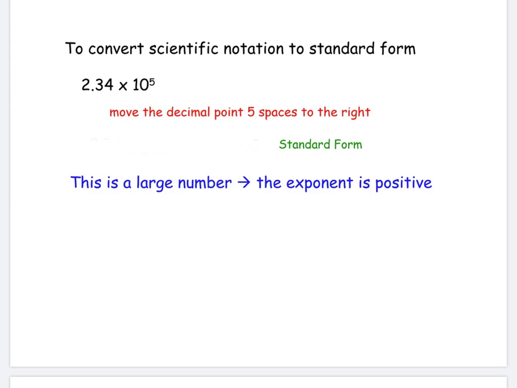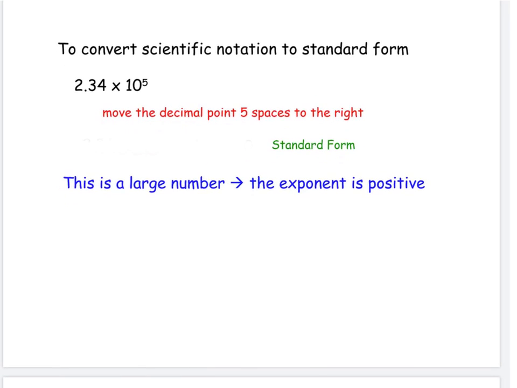Now, to convert a scientific notation number into standard form, which is just the regular version of the number. So if I have 2 and 34 hundredths, I want to take my decimal, which is right now between the 2 and the 3, and because my exponent is positive, I want to move my decimal 5 spaces to the right.